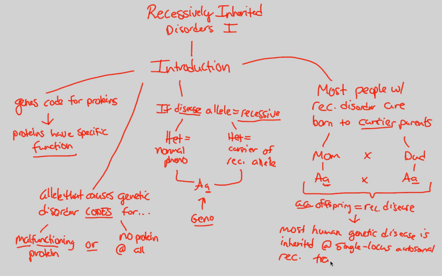So let me just repeat this one more time, it's a lot of words here. We state that most human genetic disease is inherited at a single locus autosomal recessive trait.